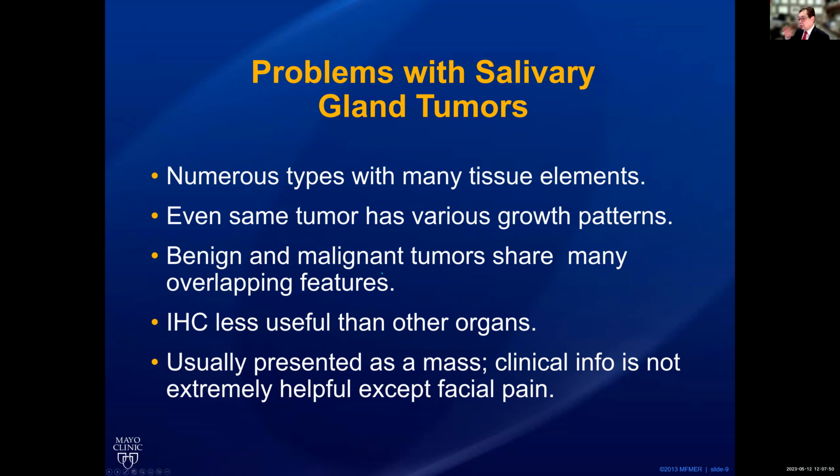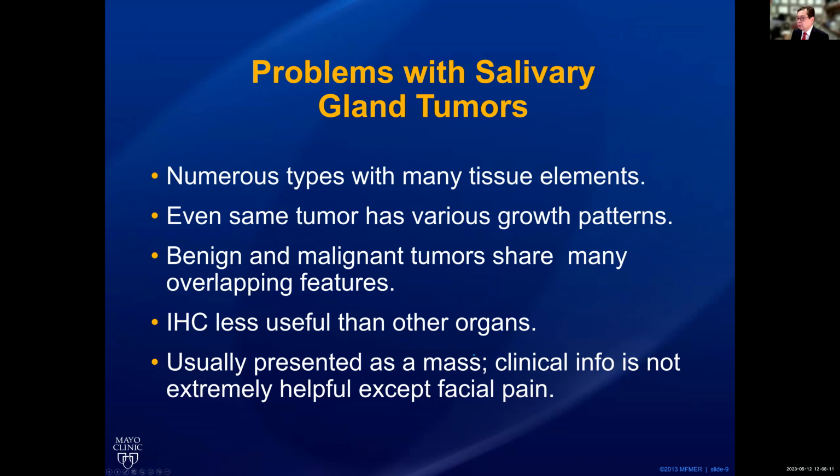If you look at something at high power, you can easily call a pleomorphic adenoma a malignancy. And immunohistochemistry has some value, however, it's not as valuable as in other organs. And the clinical presentation usually is not very specific.